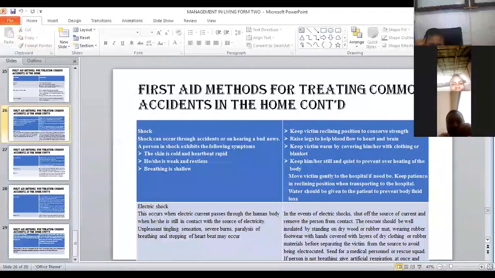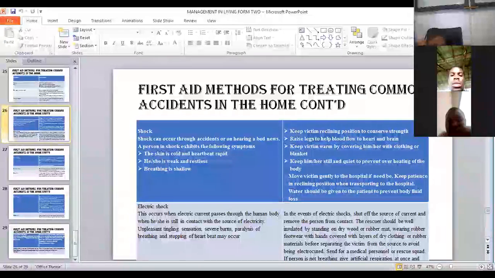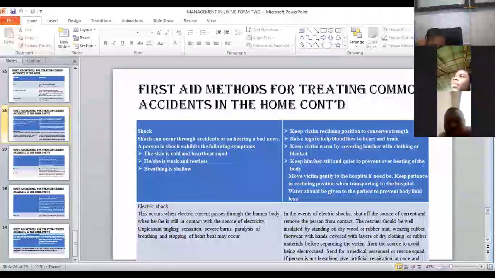I'm saying that when somebody is shocked upon hearing bad news or through an accident, what kind of first aid can you give to help the person before the arrival of a medical officer? I'm just trying. To make sure that people are not gathered around the person.